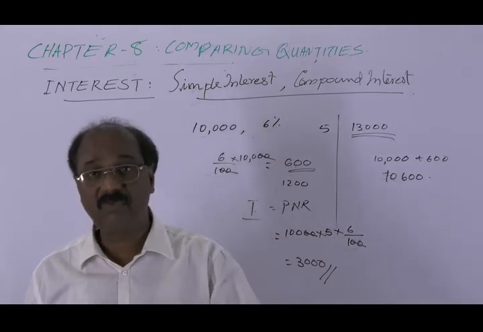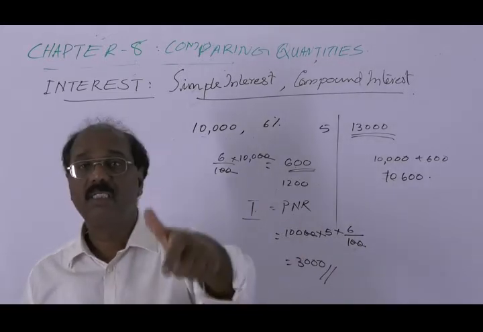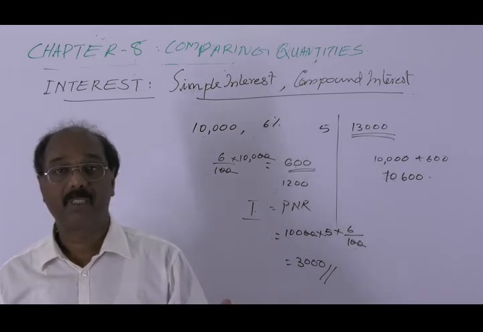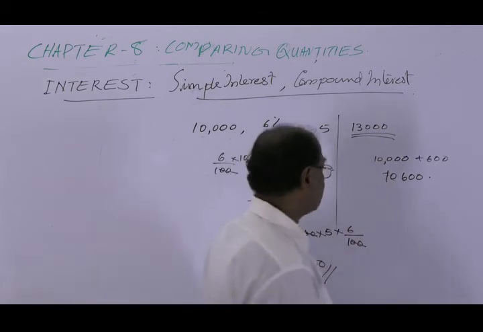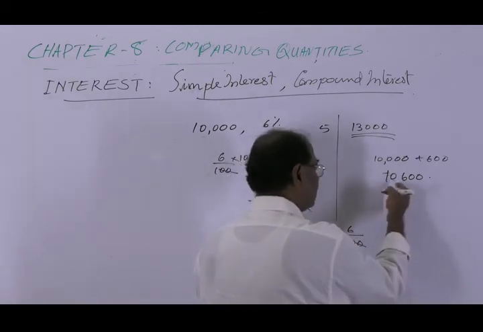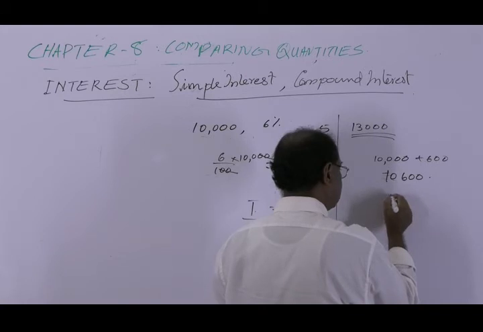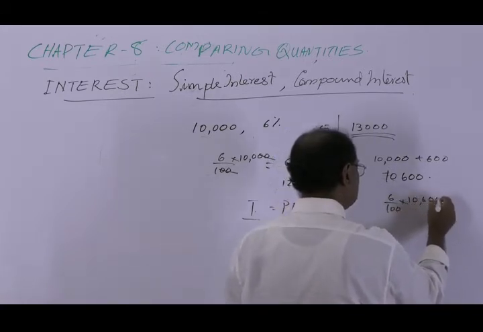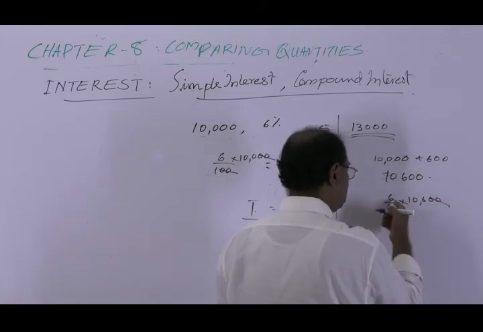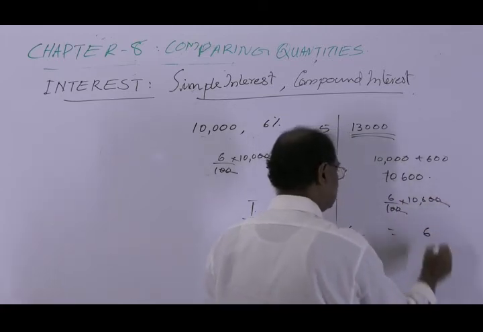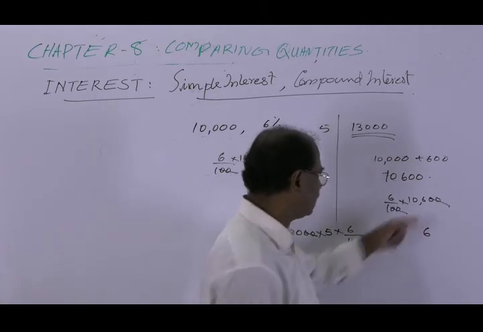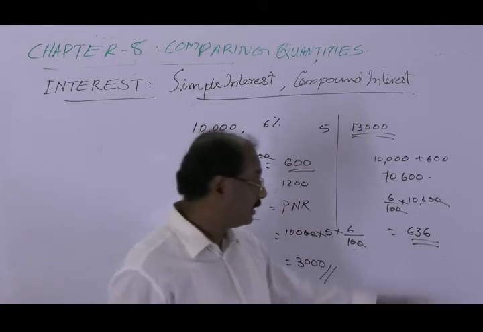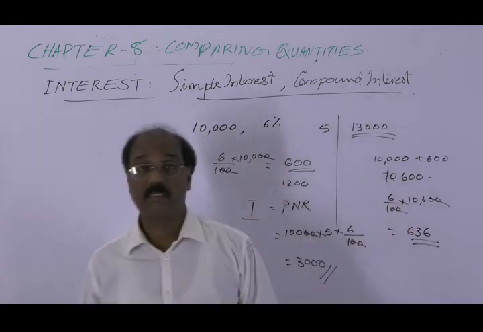In the second year, the interest for the first year will be taken into consideration. So, in the second year, the interest is 6% of this, that is 6 by 100 into 10,600. So this is equal to 106 into 6, 6 into 6, 36, balance 3. So 636. 36 rupees more in the second year.